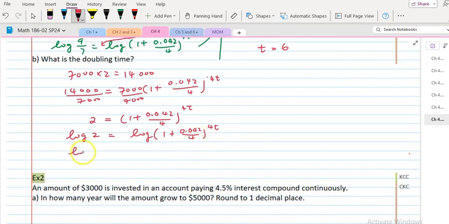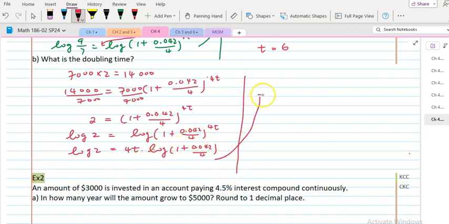Move the 40 over by the log property: log 2 equal to 40 times log of 1 plus 0.042 over 4. And then we would just divide. It will be log 2 over, remember the parenthesis, 40 times log of 1 plus 0.042 over 4.